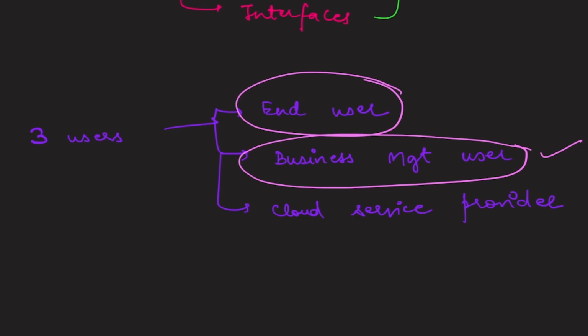Now the next one which we have is cloud service provider. Who is going to be the cloud service provider? This one is going to be taking care of the risk, whenever we have some IT assets for the cloud, right? This one is going to be taking care of the maintenance of that.